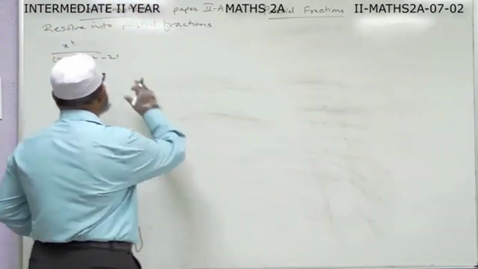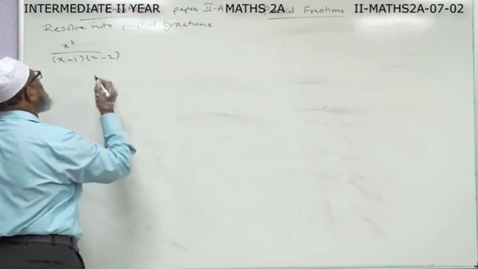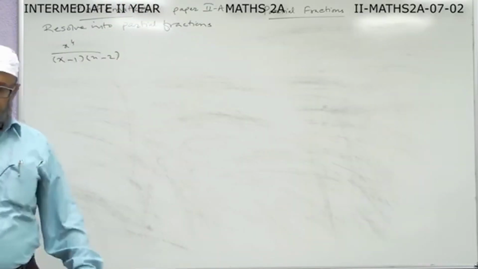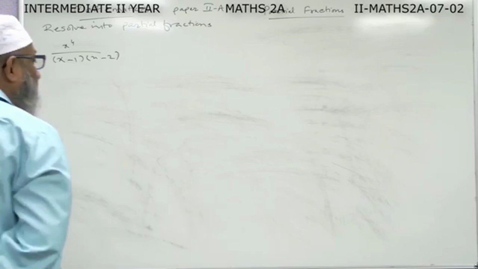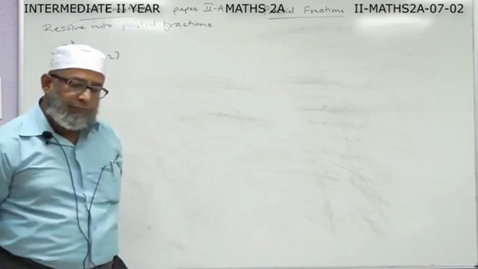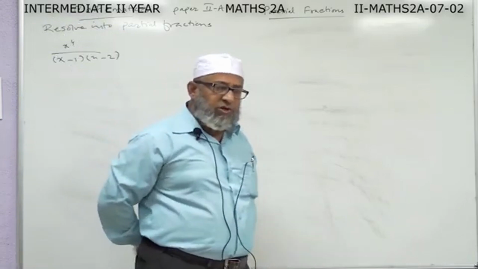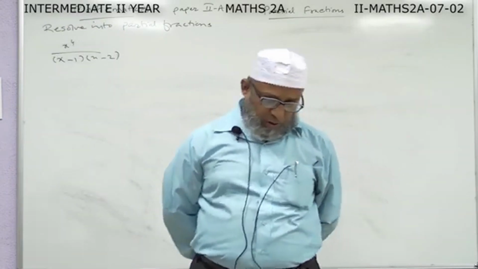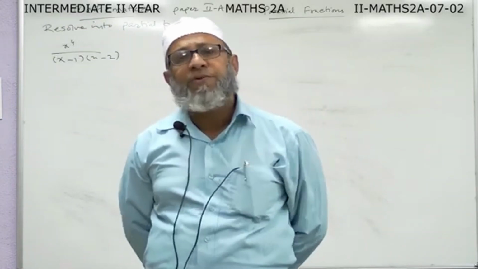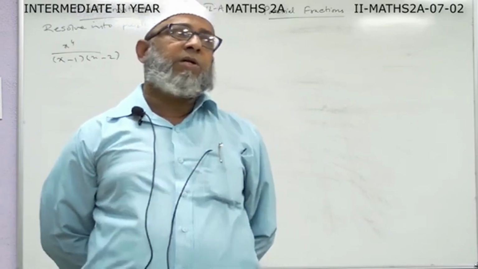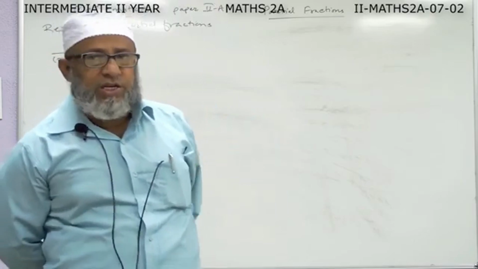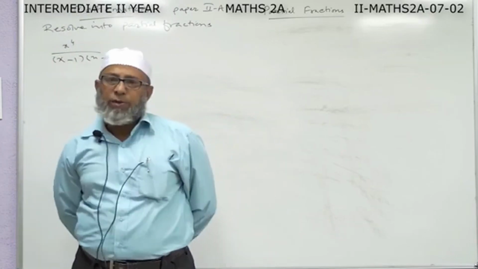When I come to this question, what is this? x power of 4 by x minus 1 into x minus 2, partial fraction. Till now, we have solved the questions related to the proper fraction, when the degree of the numerator is less than the degree of the denominator.